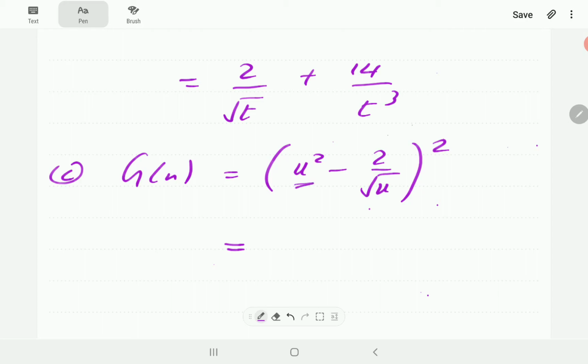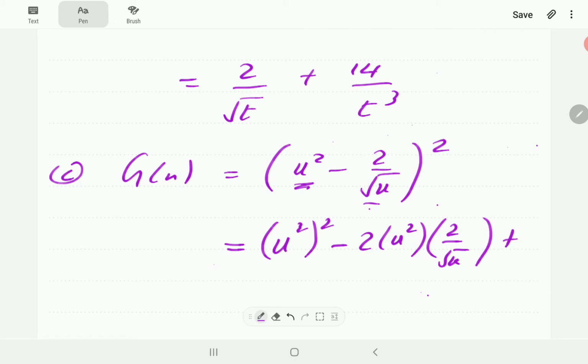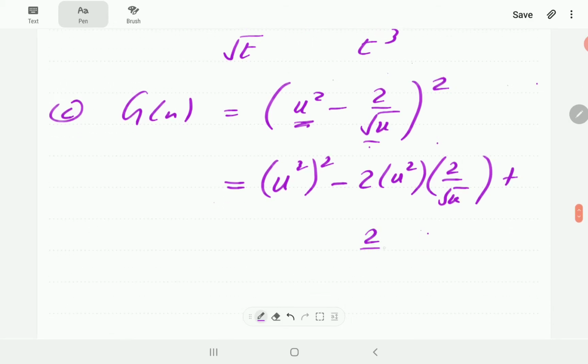So it's going to be this squared, so that's going to be u squared squared. Then it's going to be minus 2 times this times that, so it's going to be 2 times u squared times 2 over square root u. And then the last term is going to be the square of that, so 2 over square root u all squared.